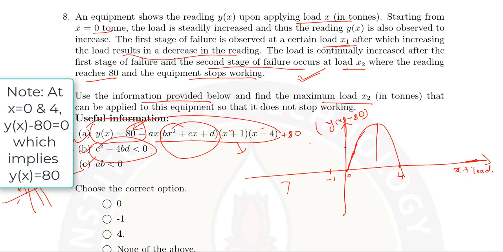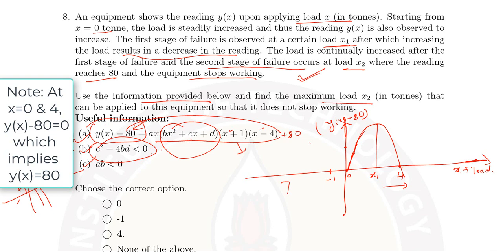So let's say this was our x1, okay, and after that, whenever the load is increasing, the reading, y of x minus 80 together, will decrease, and it so happens that when it reaches load x2, the equipment does not show any reading, or it stops at that stage.